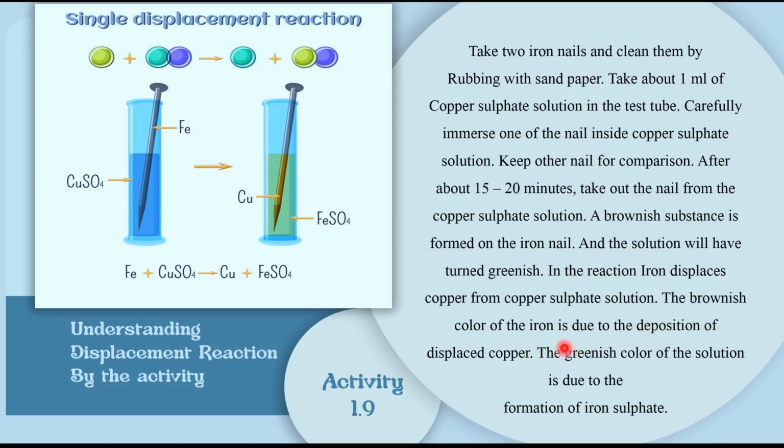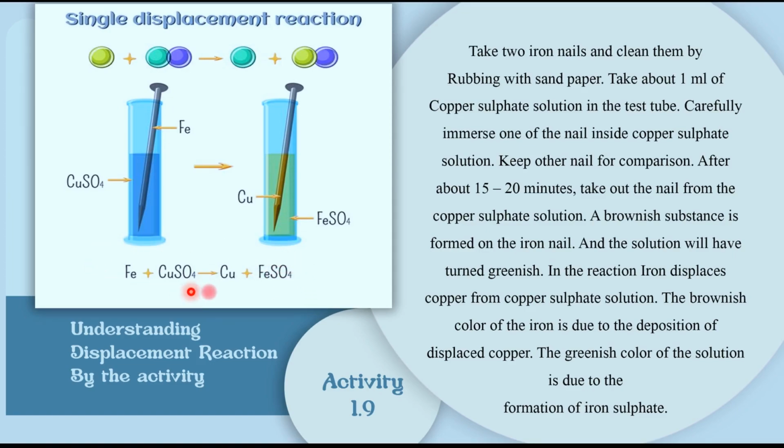The brownish color on the iron surface is due to the deposition of displaced copper. The greenish color of the solution is due to the formation of iron sulfate.